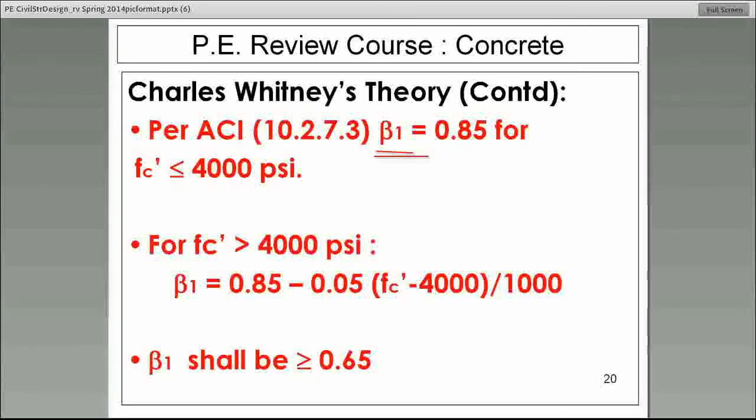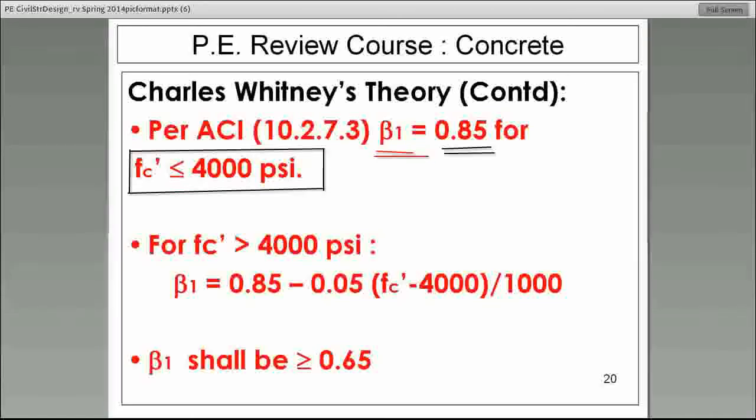Beta 1 simply is a constant, and it's constant for a given compressive strength of concrete. So beta 1 prescribed by the ACI code is equal to 0.85 as long as the compressive strength of the concrete is less than 4,000 psi.